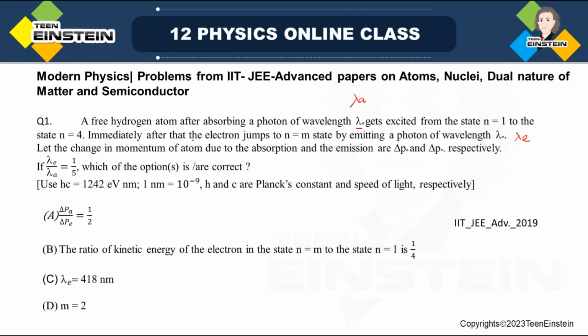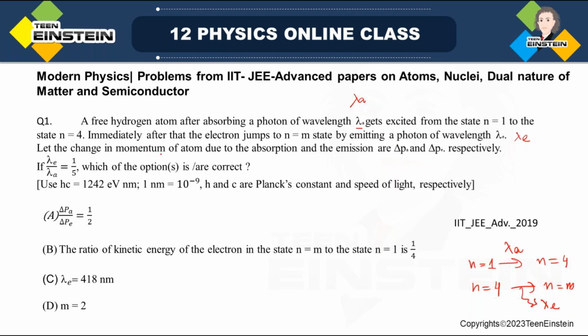So that means there was a hydrogen atom in the ground state, n is equal to 1, then it gets excited to the n is equal to 4th state after absorbing radiation of wavelength lambda a. Thereafter, it gets de-excited to some state n is equal to m, and during that it is emitting a radiation of wavelength lambda e.